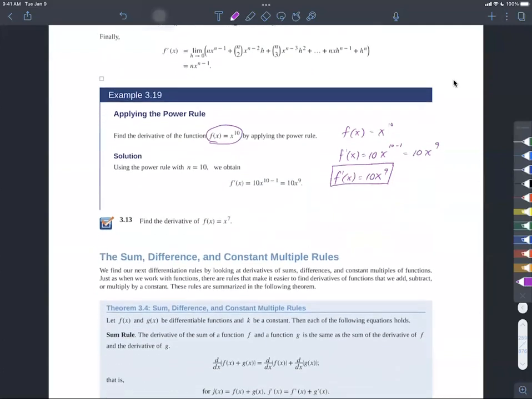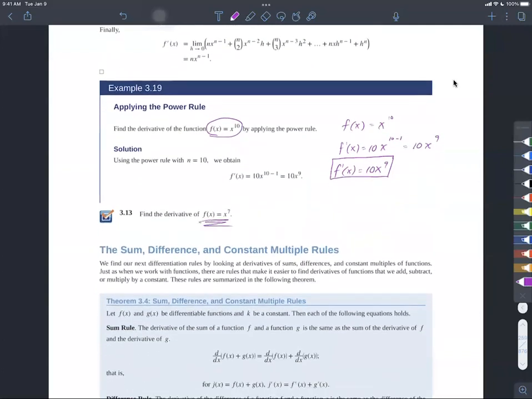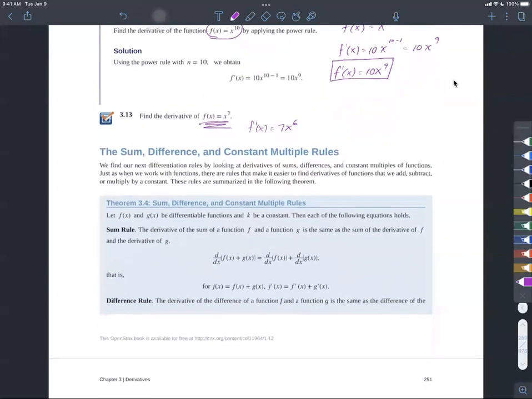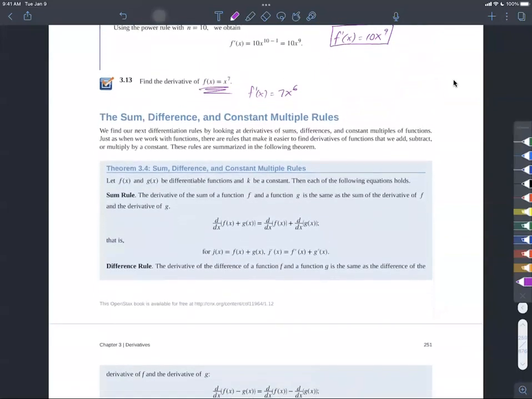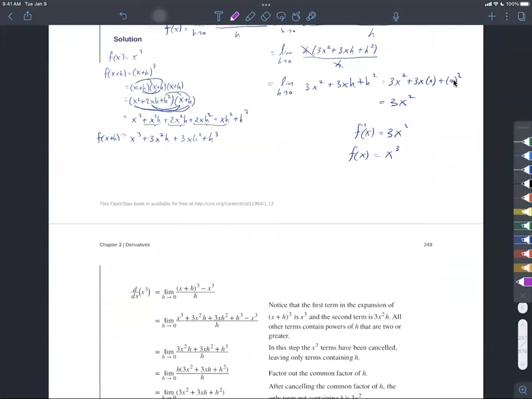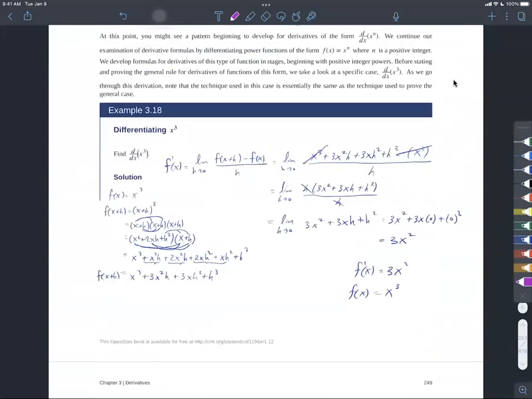Okay. You can try this one on your own here. Think about it for 5 seconds and then write down the derivative. You should get f prime of x equals 7x to the 6th. All right, so notice how fast we can do them now. Also x to the 7th would take a pretty long time with the limit definition. As you see, we did the derivative earlier of x cubed.